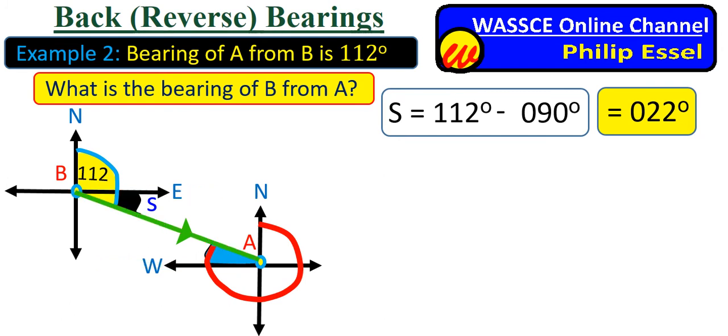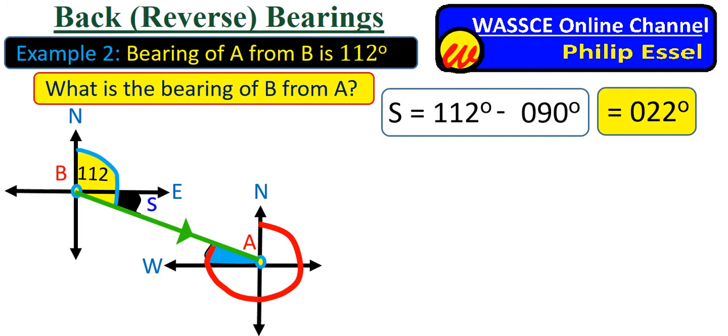Now, how do we determine the bearing of the point B from the point A? To do this, we first have to move from the north pole of the point A to the west pole. This has a value of 270 degrees. Then we move from the west pole to the green line.